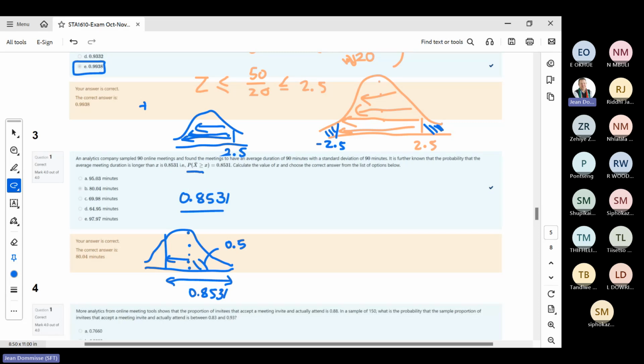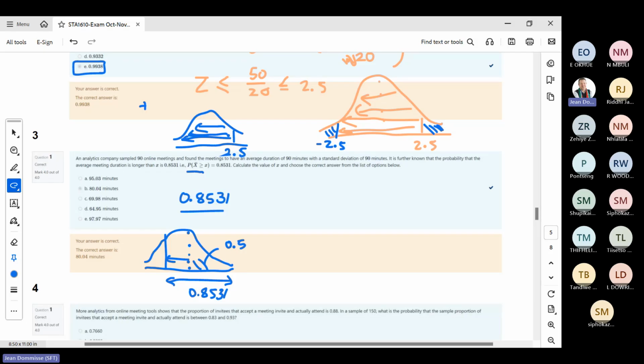So what I would check is, on the Z table, can I see something where it tells me 0.8531? And now you guys need to assist me here.